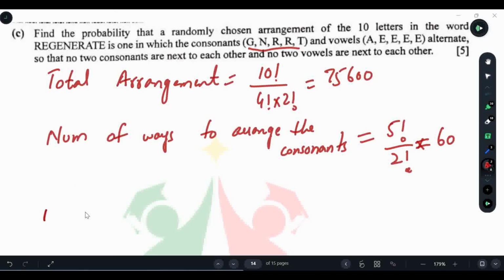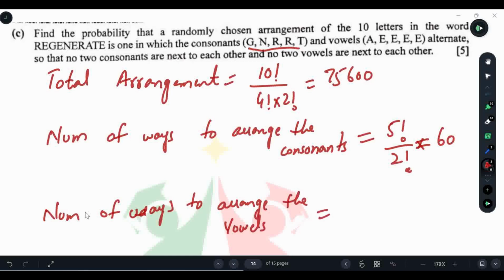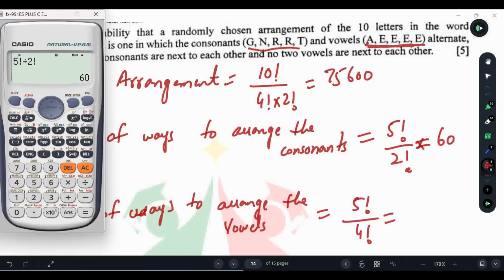Now let me find the number of ways to arrange the vowels. We have 5 vowels, and 4 of them are the repeated letter, so 5 factorial divided by 4 factorial, which will be equal to 5.